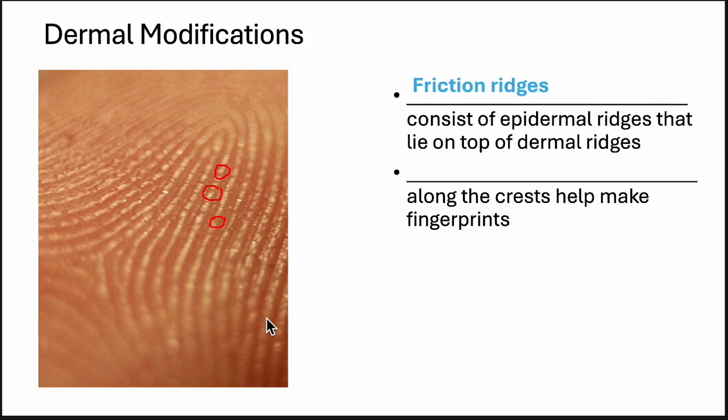All right, friction ridges consist of epidermal ridges that lie on top of dermal ridges. They are going to be unique to each of us, determined by genetics as well as the environment inside the womb. Because sweat pores open along their crest, our fingertips leave identifying films of sweat.